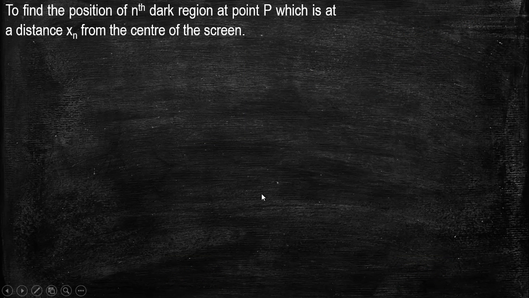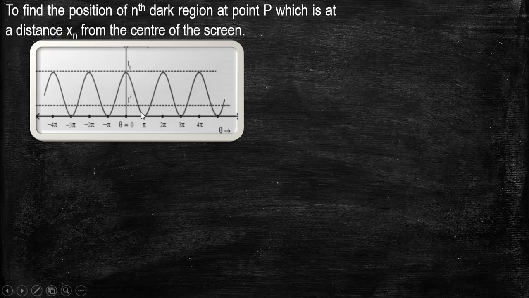Similarly, we can calculate the same for the dark region. Suppose this is the central bright region. From the central bright region, we can calculate the distance at which the first dark region is formed.